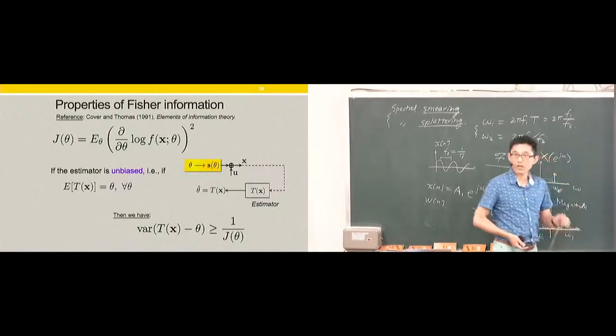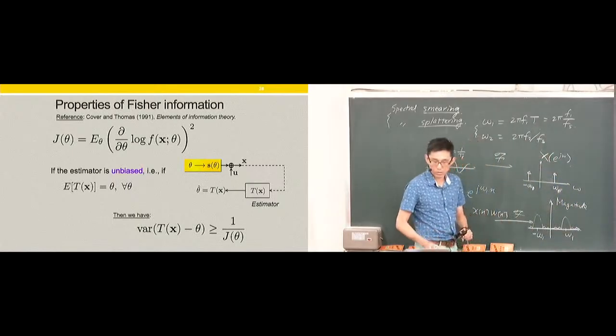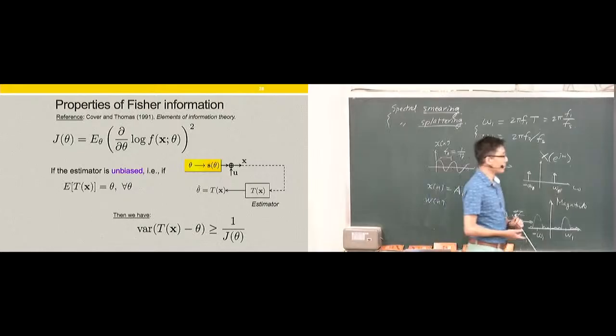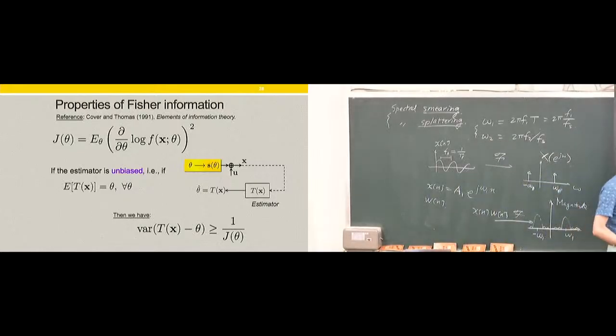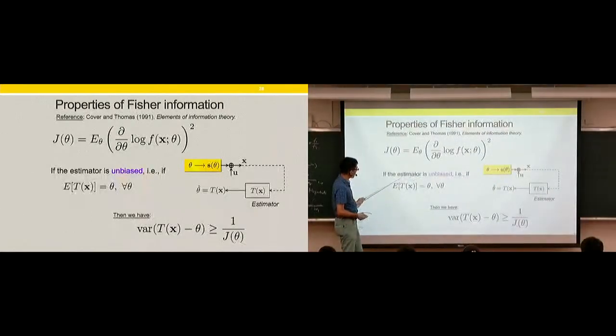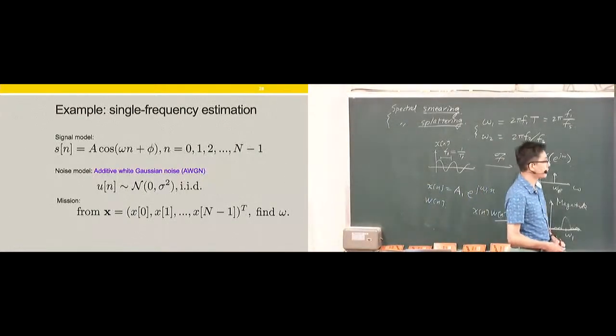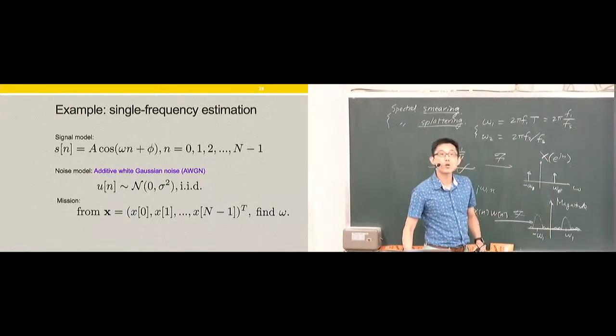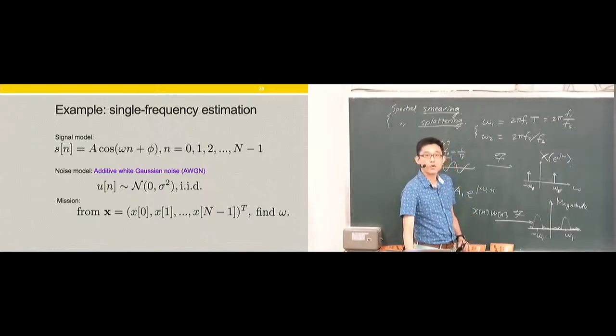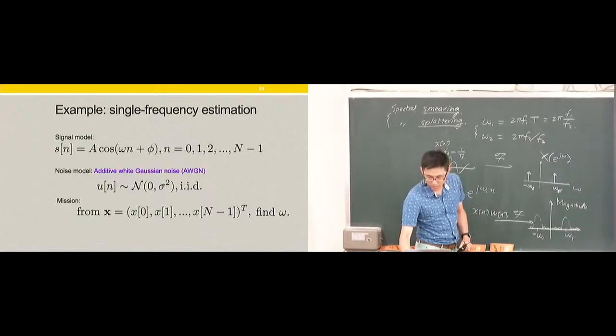J measures the amount of information you have. For any unbiased estimator, the variance of estimation error is lower bounded by 1 over J. And that 1 over J is called the Cramer-Rao bound, CRB, which I mentioned.